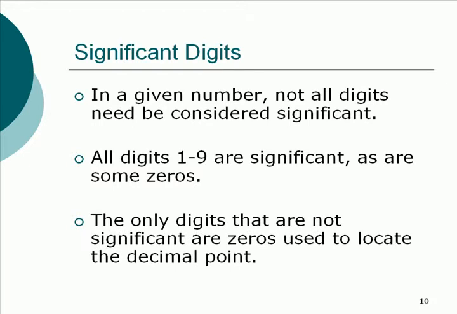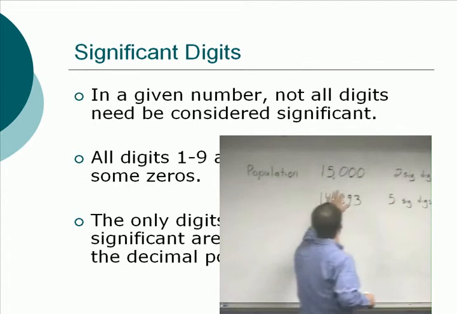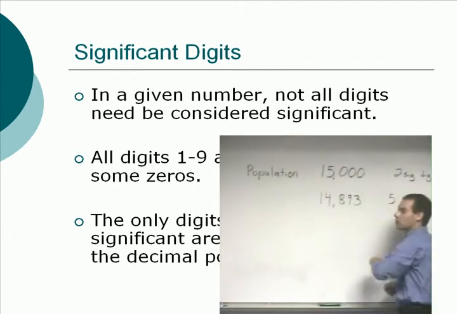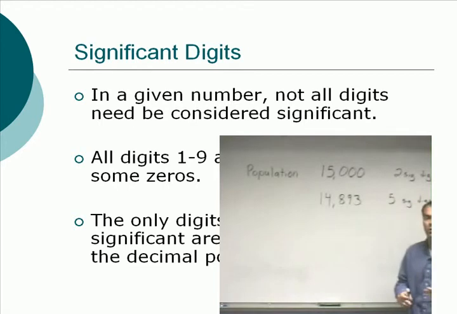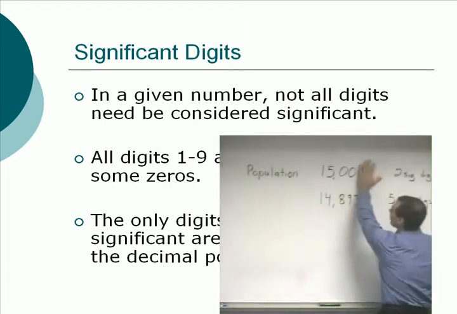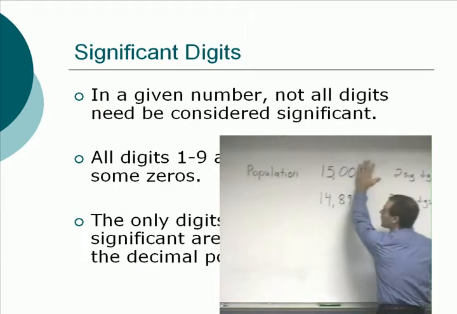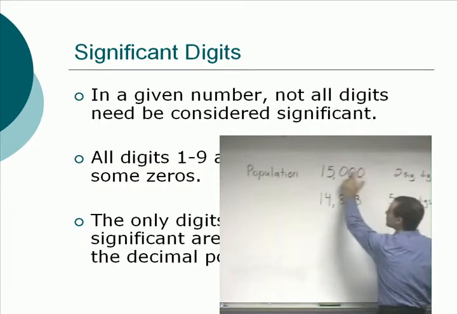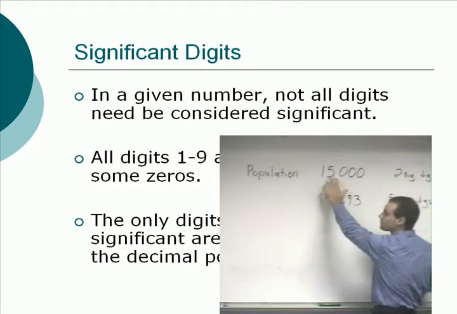But if we identify zeros that are not significant, these type right here, that are only there to approximate a value, they are zeros that are only used to locate the decimal point. For example, if that 0 wasn't there, this number would become 1500 or 150 if we lost 2 of the zeros. So those zeros need to be there in order to put the 1 and the 5 in the right spot.